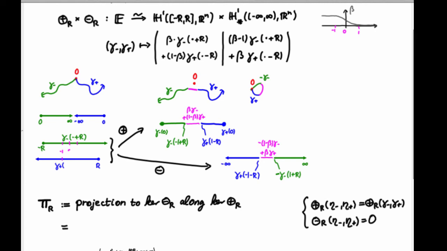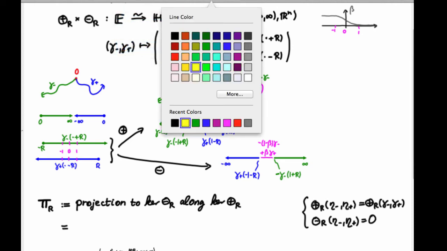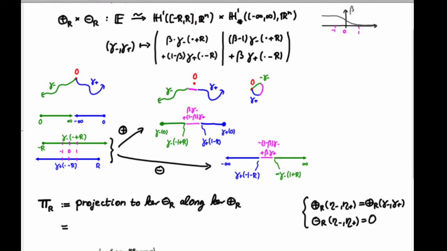Let me try to keep track of the parts that I actually have. Gamma minus, this bit here, for the shifted one lives here, and for the non-shifted one lives there. The gamma plus is that part near the boundary of the interval.